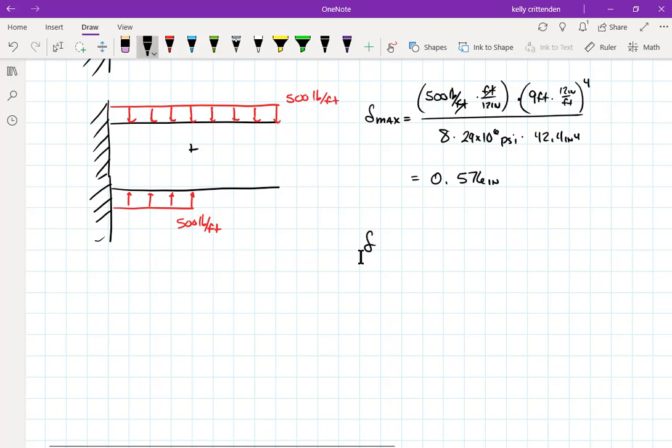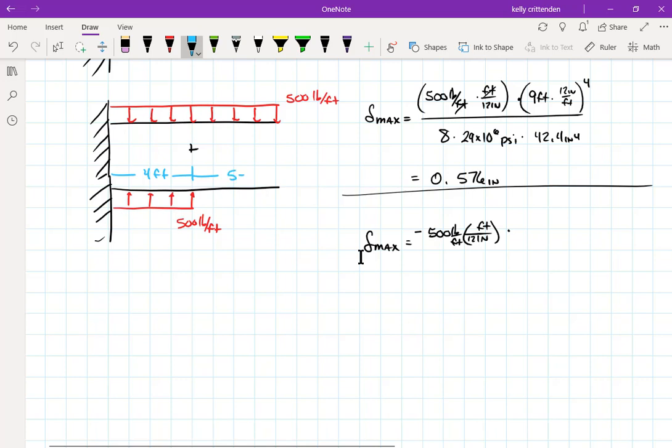So delta max for, these are separate ones, this section is negative 500 pounds per foot converted to pounds per inch times, this section is only 4 feet. This section I made 5 feet.